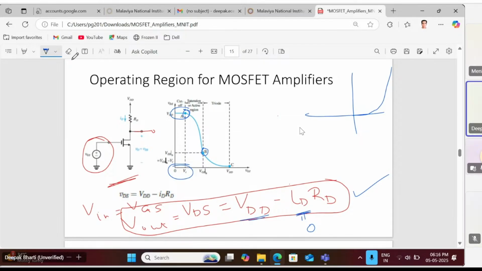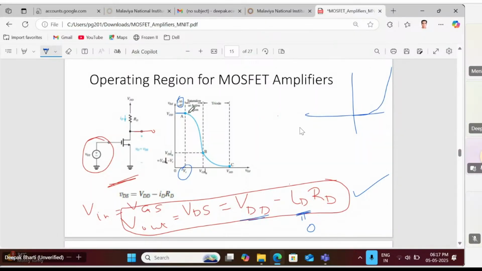Now let's try to identify the states of the transistor during these phases of the transfer curve. Between 0 and A, that is, between 0 and VT, this is cutoff. We know the reason: the transistor doesn't operate below the threshold voltage. It will remain in cutoff, drain current will be 0, and V out will be equal to VDD.